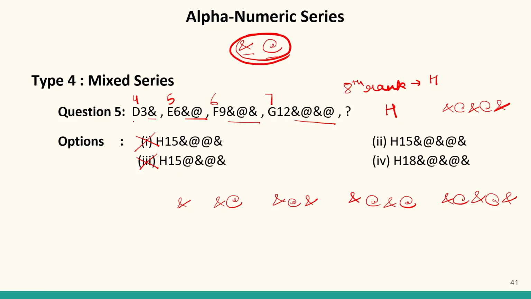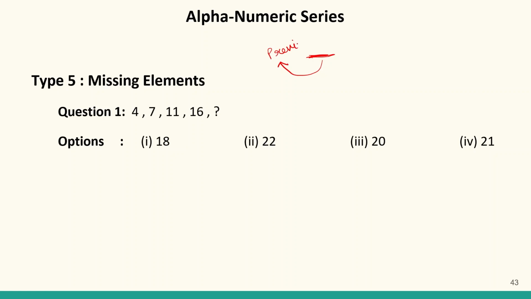So in the number, I can see there's an increment of 3. How? 3 plus 3 is giving me 6. 6 plus 3 is giving me 9. Between the previous element and also the relationship between the next element. So this is how we have to find out.